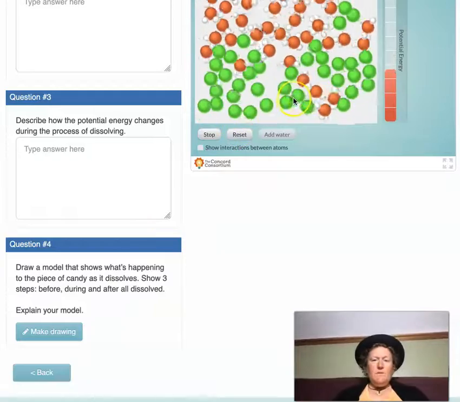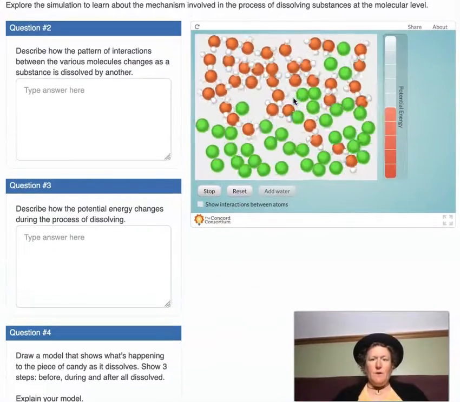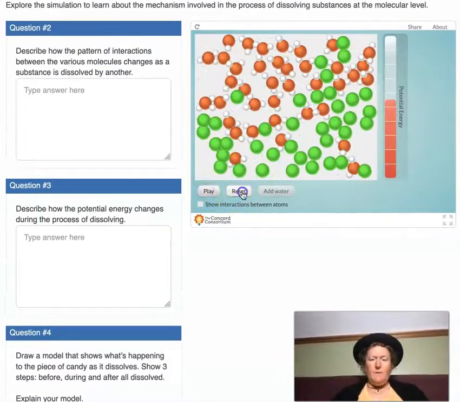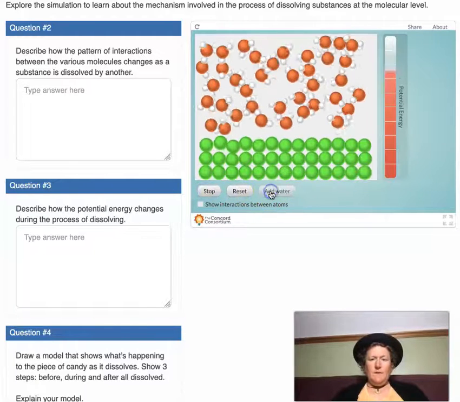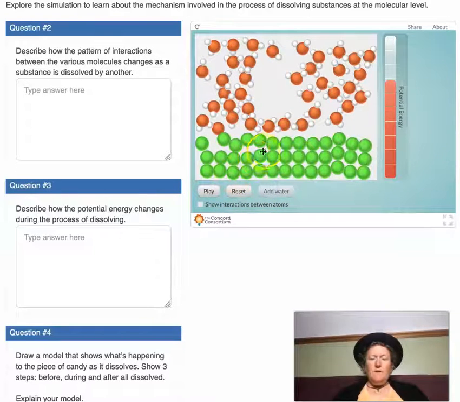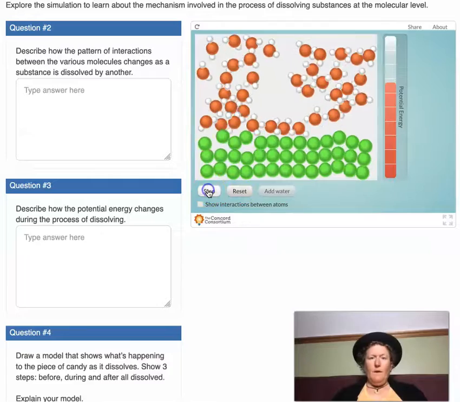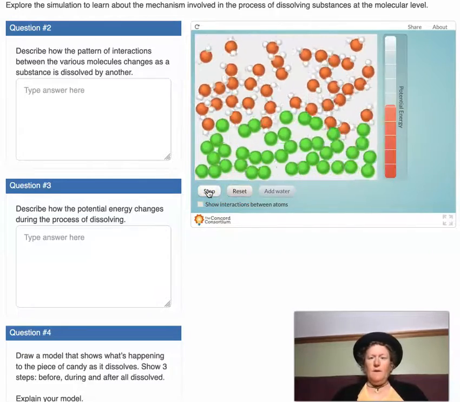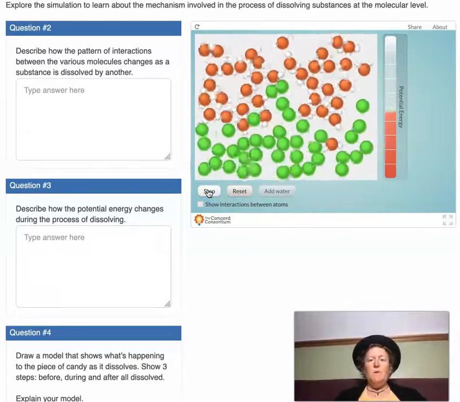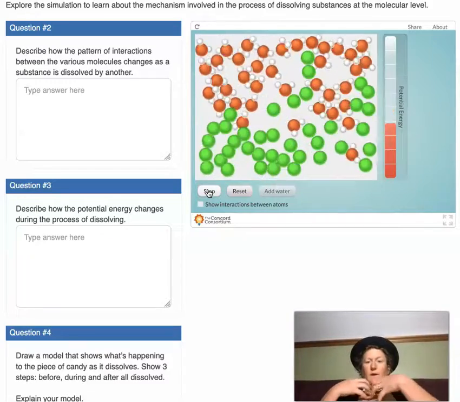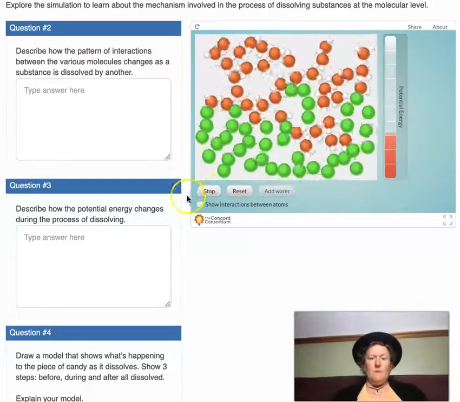And you can use this model as some clues. We'll reset it. This is just as you're putting the candy in. This is in the middle of dissolving. You can see those water molecules coming in and grabbing those sugar molecules.